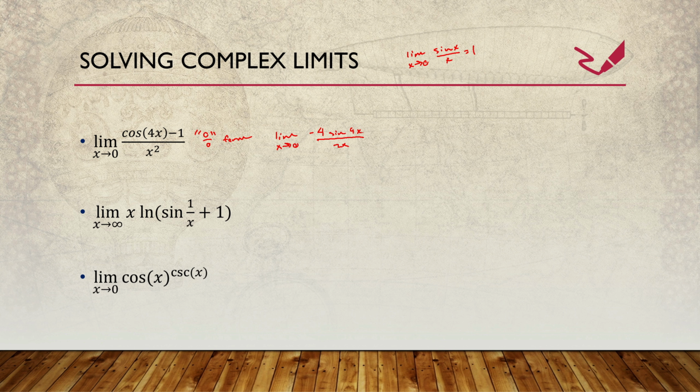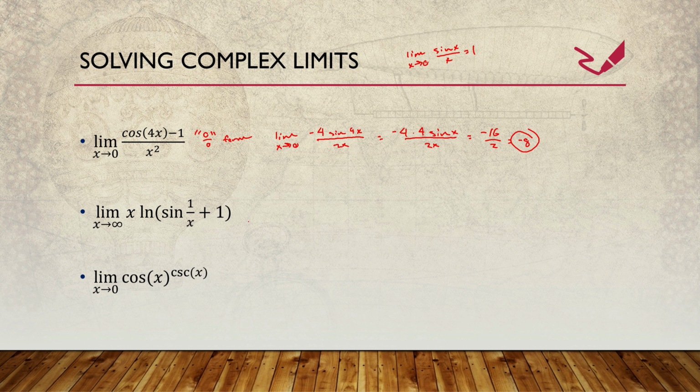By just knowing that, you could see we can do a similar property to that. If we take the 4 out of the sine of 4x, you're going to have 4 multiplied by 4 sine of x over 2x equals negative 16 all over 2, which is negative 8. Because I took the sine of x all over x, since the limit approaches 0, it equates to 1. So your limit for that one is negative 8.